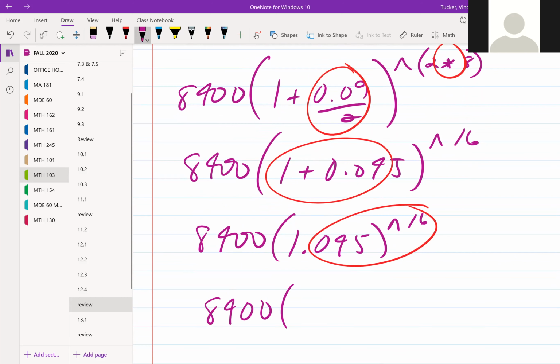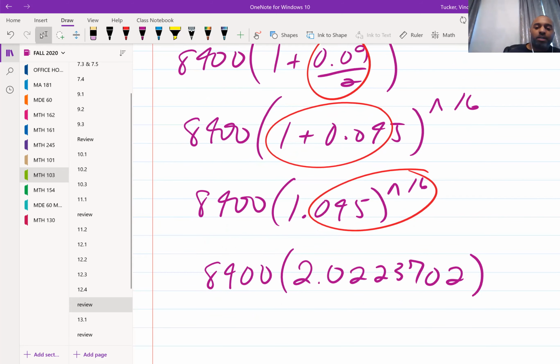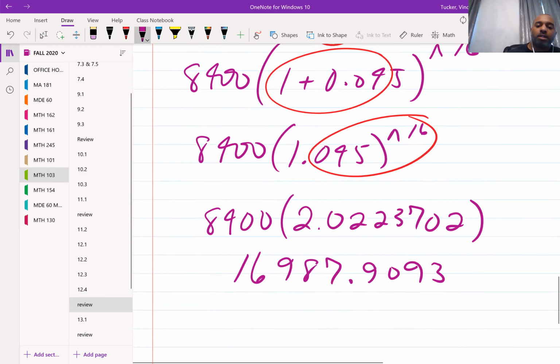Yeah, it does, because I was getting all different types of numbers. So 1.045 raised to the 16th power, I got 2.022370. This will run on decimals, so the more decimal places you give, the more accurate your answer will be. Then multiply that times 8,400, and you get 16,987.9093. Ooh, that's a huge number. Well, the decimal was right there. I put a comma by mistake.